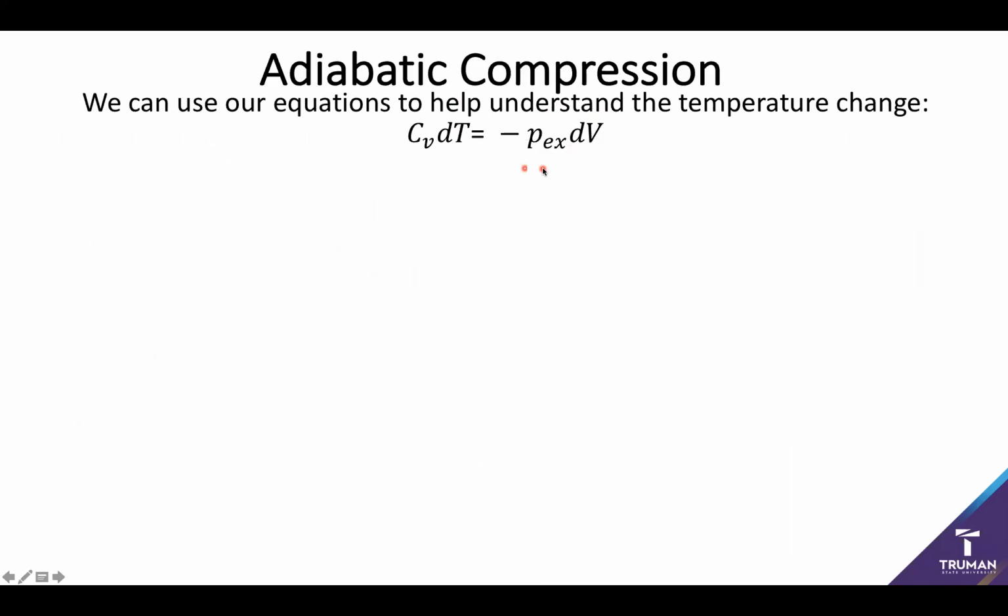So let's use reversible conditions. Under reversible conditions, my external pressure is going to be the same as the pressure of my system. This also represents the minimum applied pressure that I need in order to conduct a given change. So when I'm looking at a reversible system, I'm going to have a minimum pressure, which will thus give me the minimum increase in temperature for a compression.